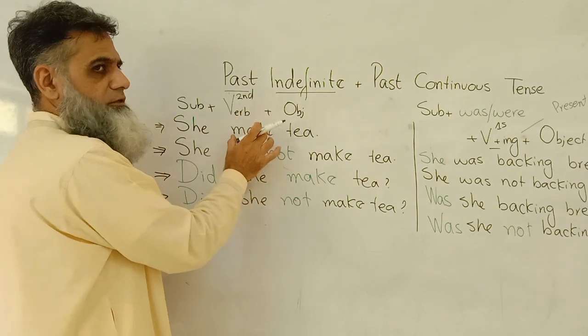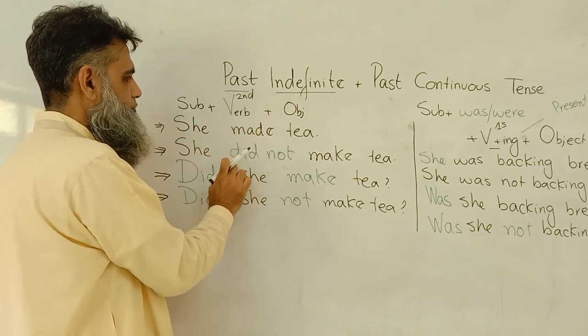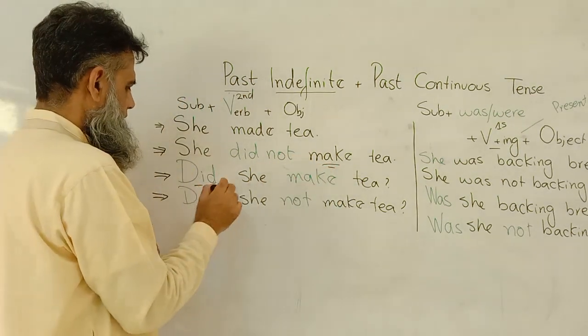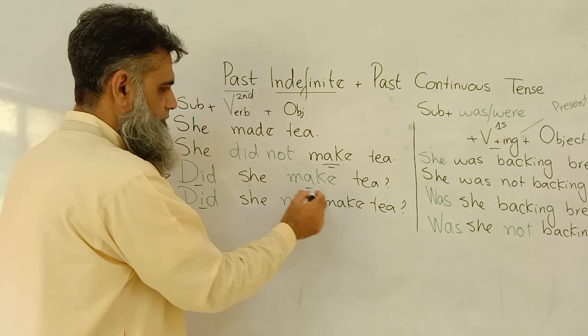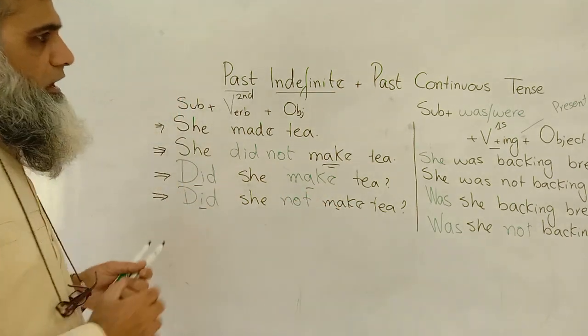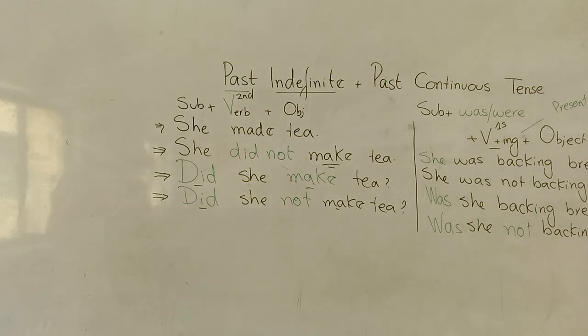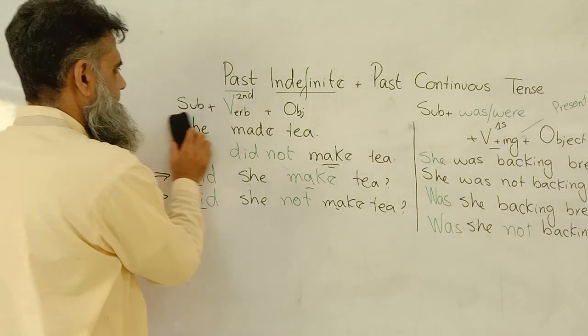So this is your past indefinite form with the help of the second form of the verb. This is also called simple past. When we use did not, we use the first form of the verb. Now, how do we use these sentences in combination? Let's see.